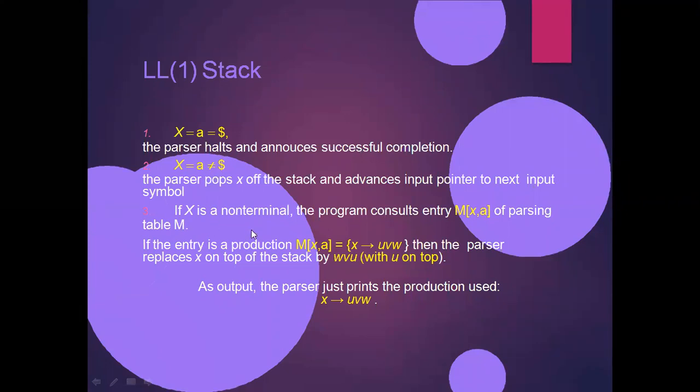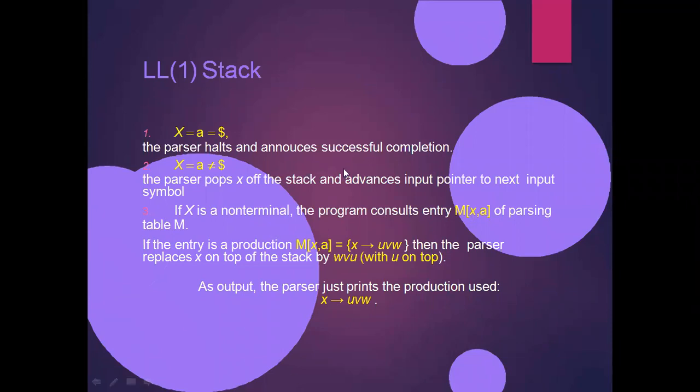If X is a non-terminal, the program consults the entry M of X comma A, where X is a non-terminal and A is a terminal, in the parsing table M. By using the parsing table, we implement the stack while parsing an input string. Make a note of this.